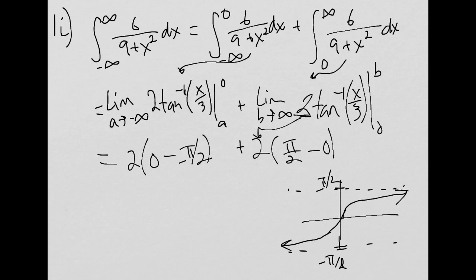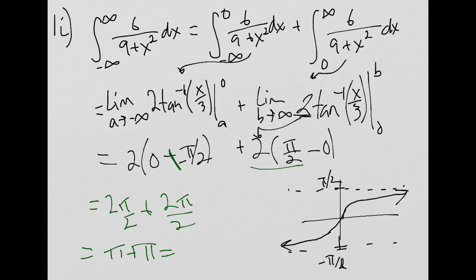Now, to simplify this, I get a double negative, that's a plus, so I get 2 times pi over 2, and then the next term here gives me another 2 times pi over 2, which is the same as pi plus pi, which is going to break down to 2 pi as the answer for my definite integral.